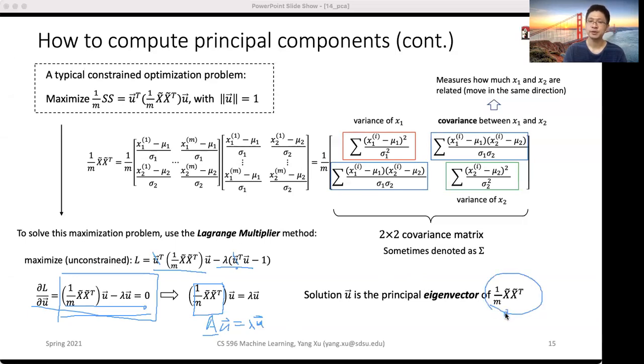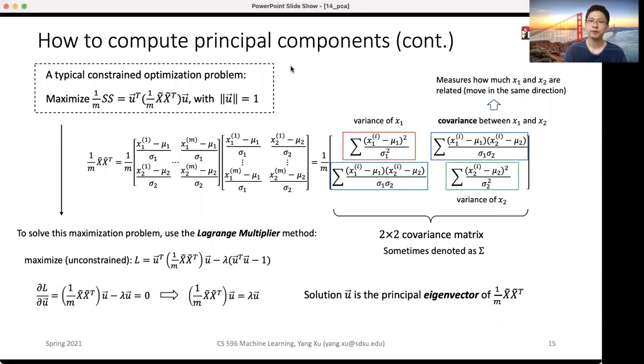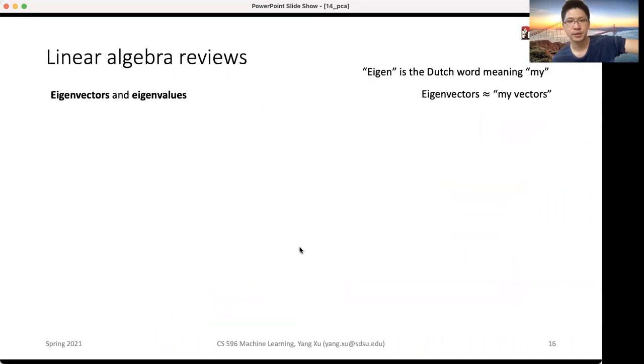Okay, so let's have a little bit of review of what an eigenvector is. Basically, we have converted the goal of maximizing the sum of squares into the problem of finding the eigenvectors of the covariance matrix. Eigenvector was first invented in Dutch, and it basically means "own vectors".